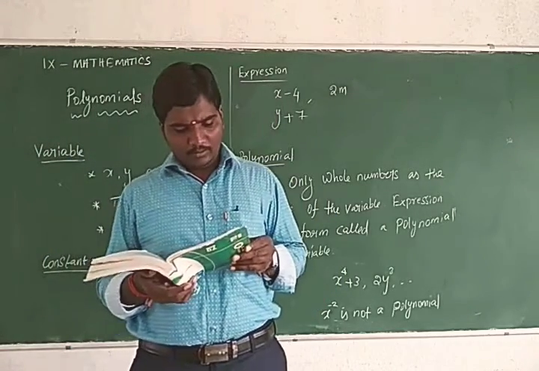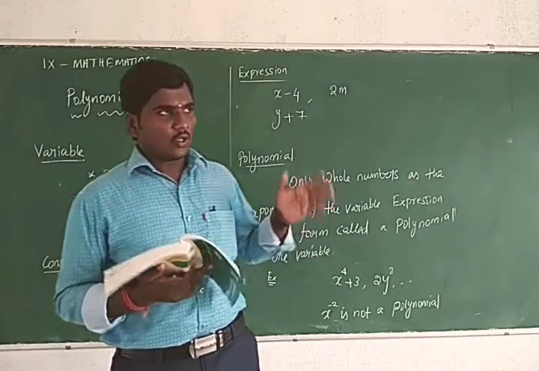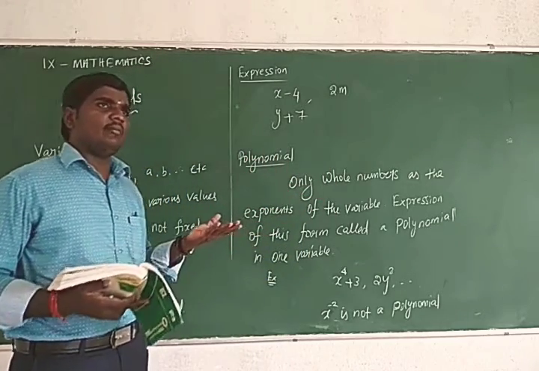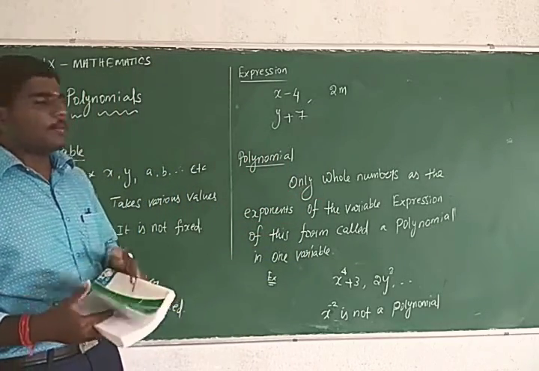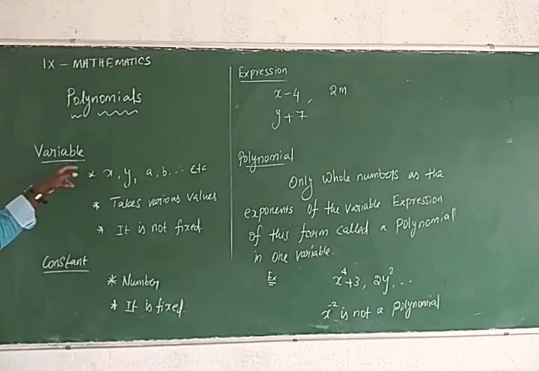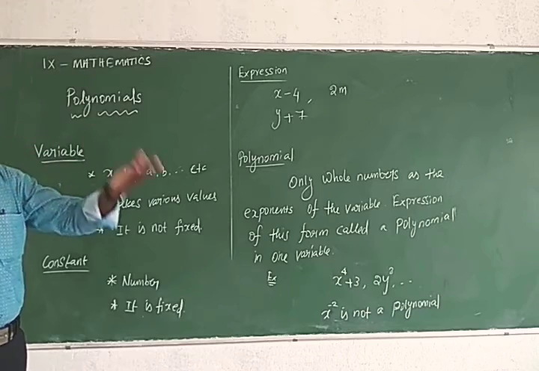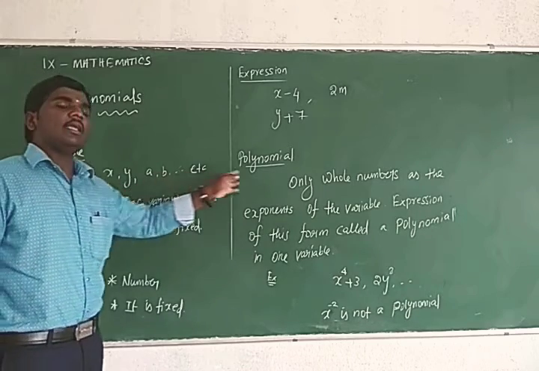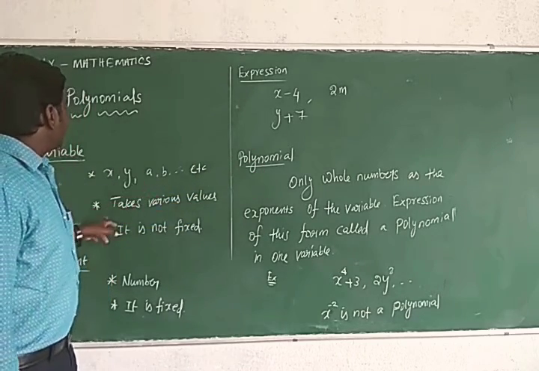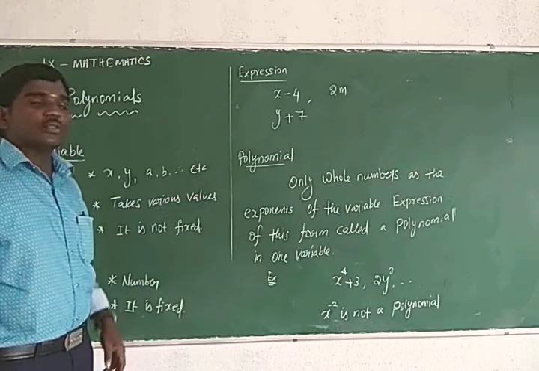First, polynomial. Before going to the polynomial, we will recall variables and constants. For a variable, we can use any alphabet to represent it: x, y, a, b, etc. A variable takes various values.